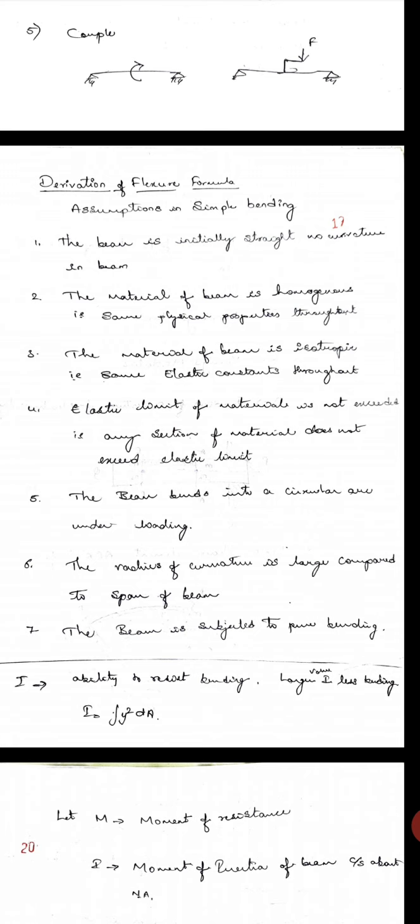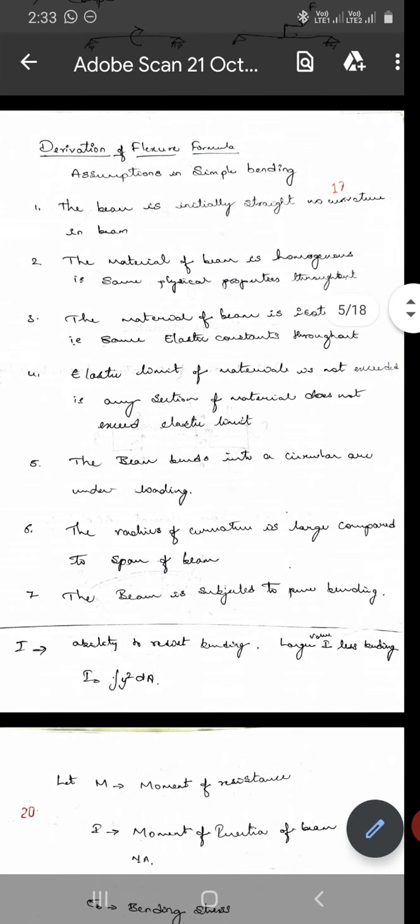Fifth point, the beam bends into a circular arc after loading. So when you apply the load, the beam should take the shape of a circular arc. Sixth one, the radius of curvature is large compared to the span of the beam.